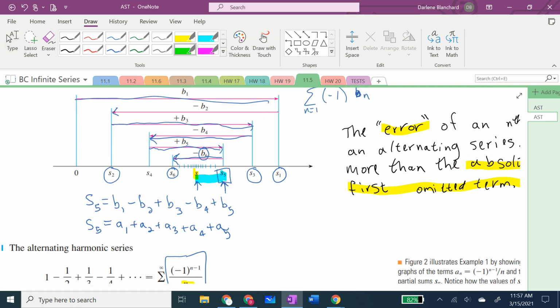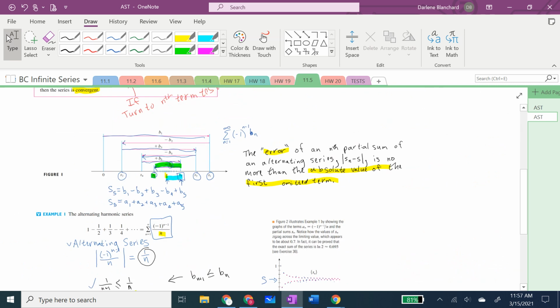let's go with green. S sub 6 is the sum of my first 6 terms. To go from the sum of my first 5 terms to the sum of my first 6 terms, I have to go a distance of B6.